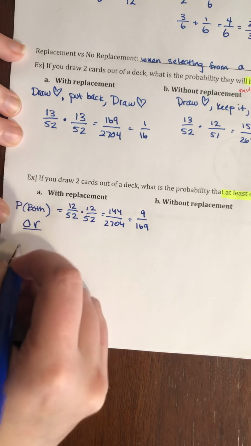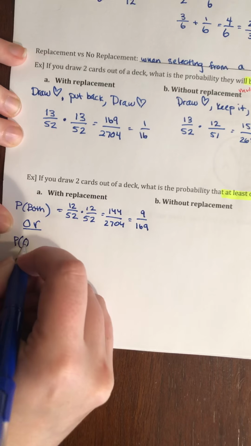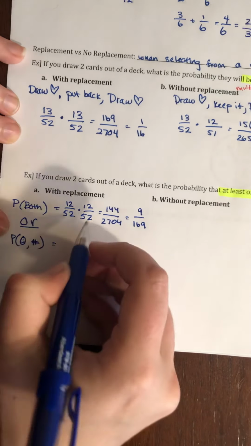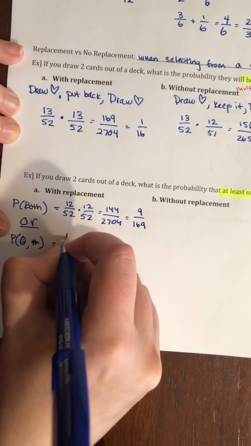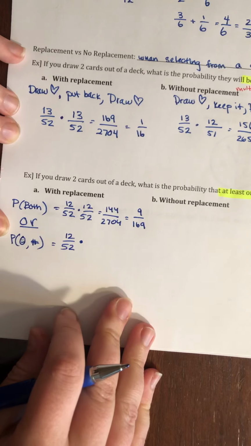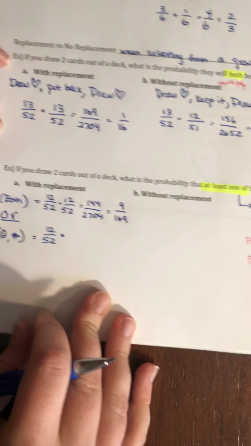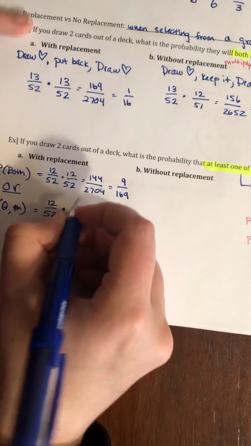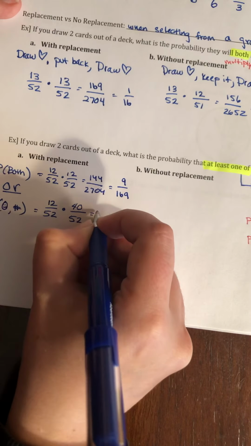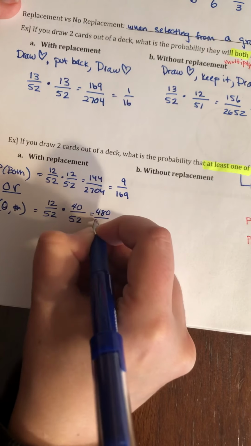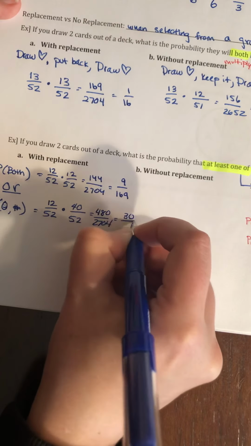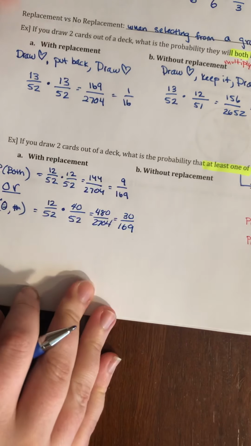So that could happen, or the first one is a face card and the second one is a number. So there's 12 out of 52. So that means how many number cards are there? There's 40 of them, which is 480 over 2704, 30 over 169.